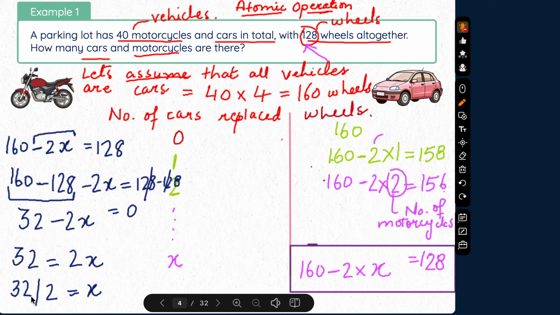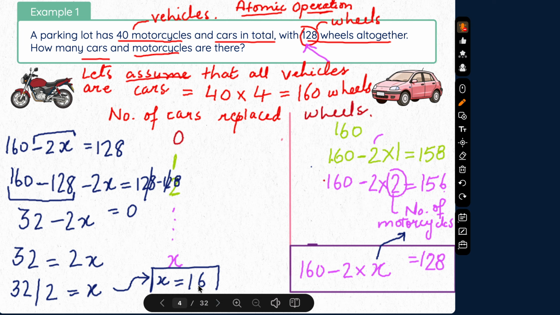No, 16, I mean. 16. So here I can say x is equal to 16. And what was x representing? It was representing the number of motorcycles, right? Yes.